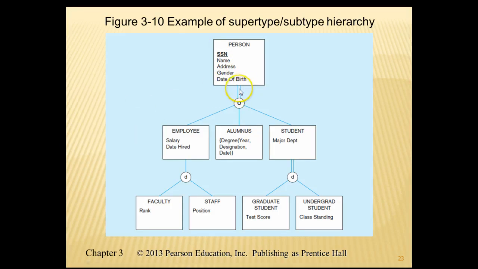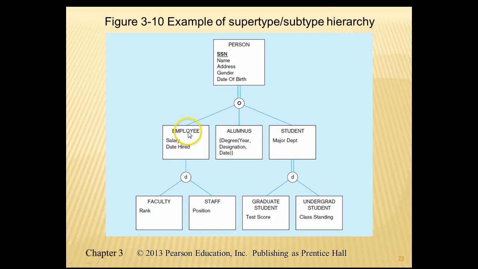Okay, and then we have a total specialization on this, which indicates that it must be one of the subtypes beneath. And now notice that we have an O here, which means that it is overlapping, so it can be one or many of these subtypes.